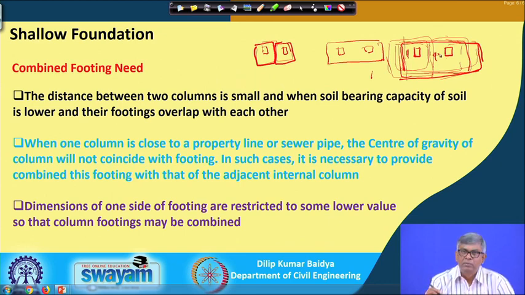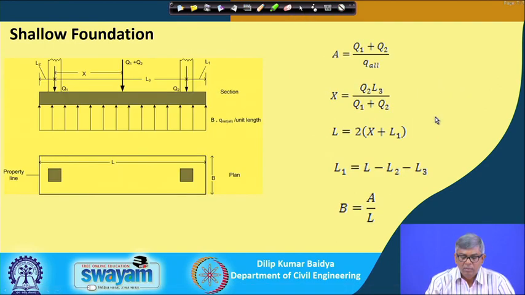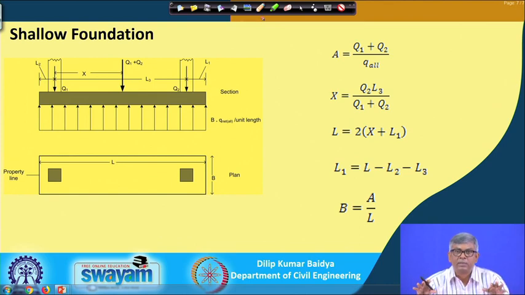And when you do combined footing, how do they look? Combined footing looks like this. This is one typical type of combined footing, but if it is simple, without any problem, suppose two columns have heavy loading but there is no restriction.